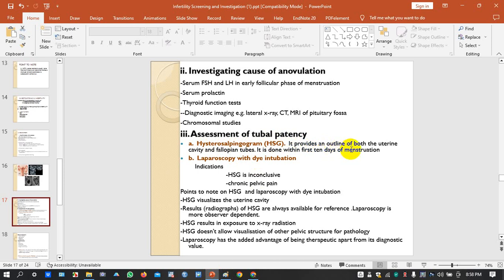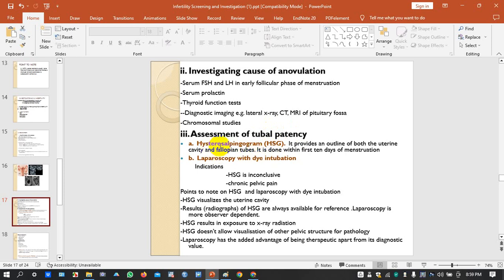Hysterosalpingogram provides an outline of both the uterine cavity and the fallopian tube. So we want to see what goes on in the uterine cavity and what is happening in the fallopian tube. Are the fallopian tubes blocked or are they patent? Is there something obstructing the fallopian tubes, or is it patent? Patent means that there is nothing blocking it.